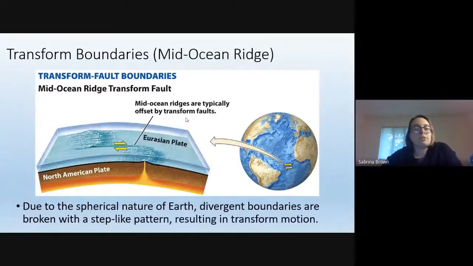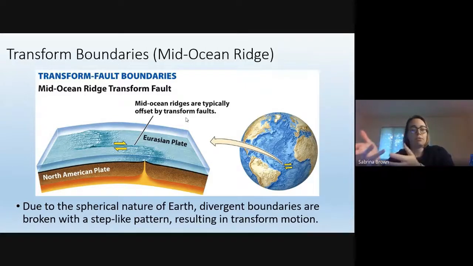We also get transform boundaries at mid-ocean ridges. So overall, mid-ocean ridges are a divergent boundary, but because the Earth is a sphere, you can't just have a straight line of a divergent boundary. We have to have these divergent boundaries offset by transform boundaries. And I'll show you this in class with a sphere so you can see this.